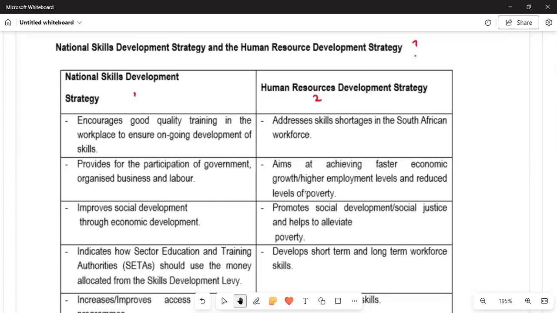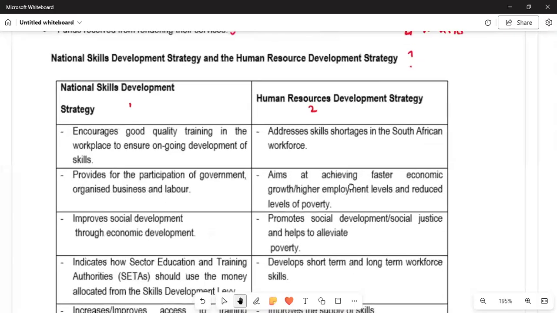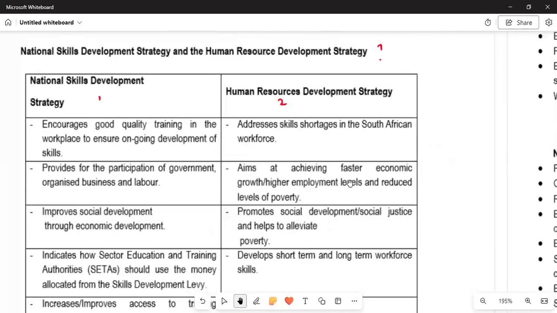So that is whereby we are saying how the sector education training is going to allocate that into skills development levy. It increases or improves access to training programs, builds and provides career vocational guidance and training centers. So that is that under NSD development.